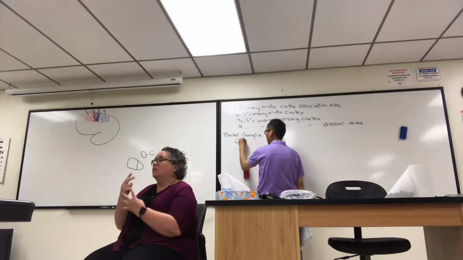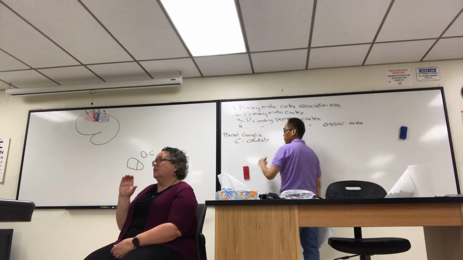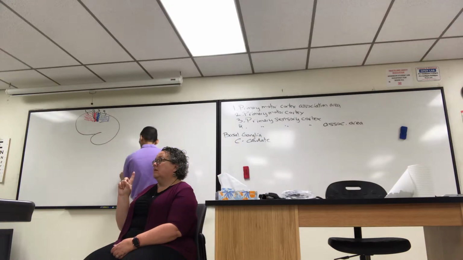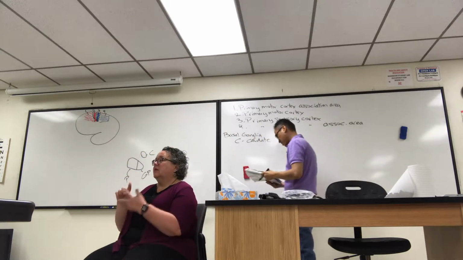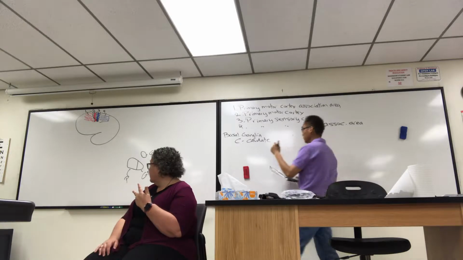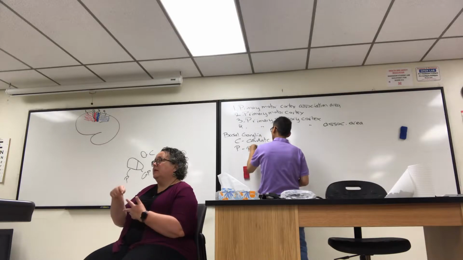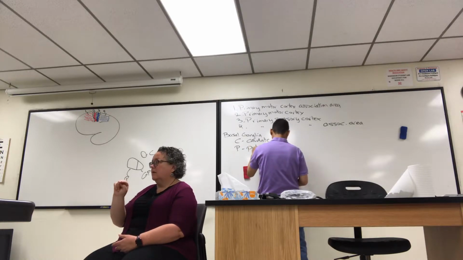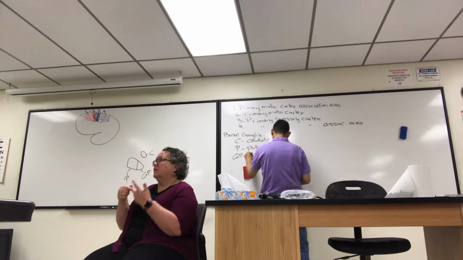So the C is for caudate. And then there's putamen, P, and GP for globus pallidus. Those are the other parts of the basal ganglia. So P is putamen. GP, globus pallidus.